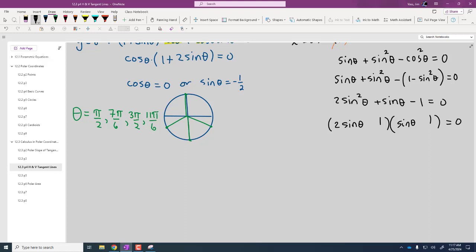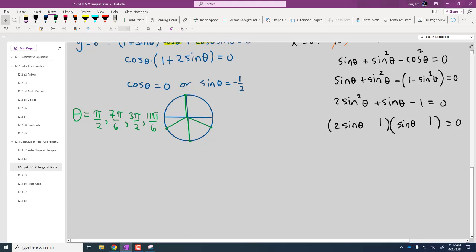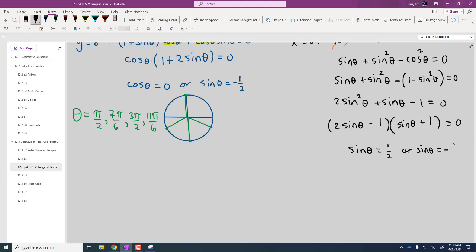The middle is positive, right now it is 1 sine of theta. The outer is 2 sine of theta. We want that to be preserved, so we're going to put it here so that we get the bigger one with the plus. So this tells us that sine of theta is a half, or sine of theta is -1.